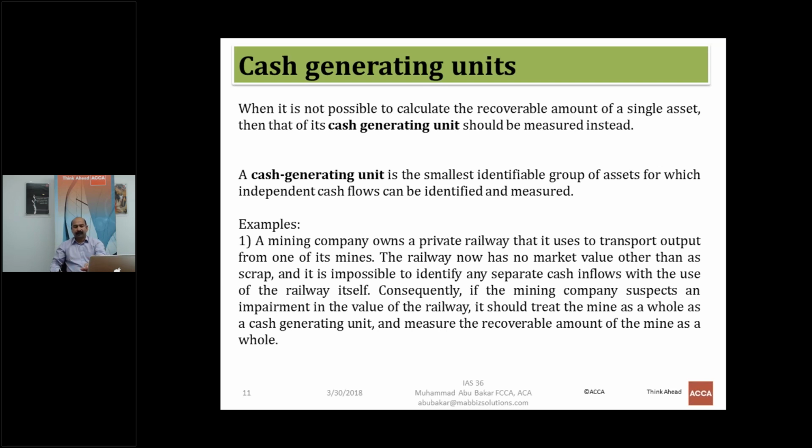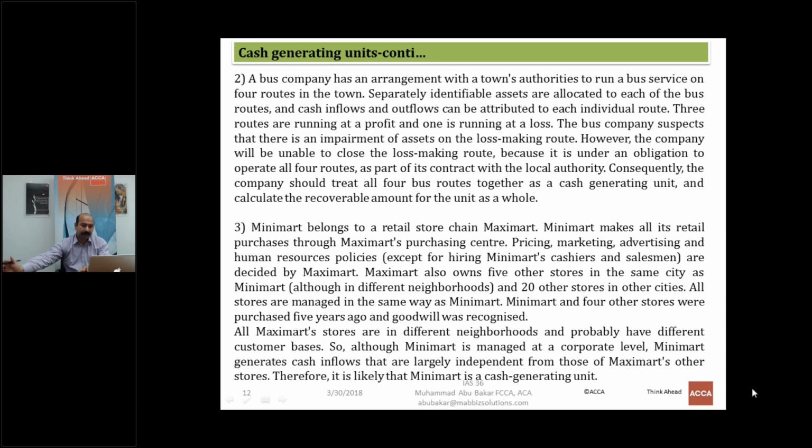So this is the concept of the cash generating unit, where it is not possible to calculate the recoverable amount of a single asset, then that asset should be included in some cash generating unit. Another example, and these examples are taken from the standard.